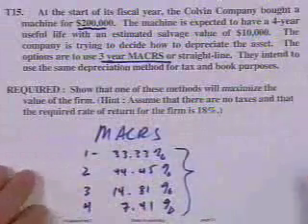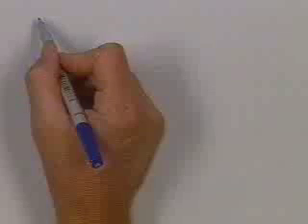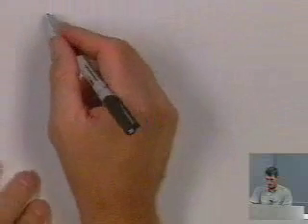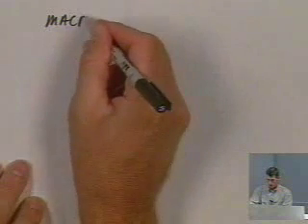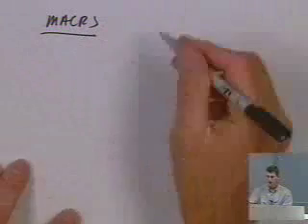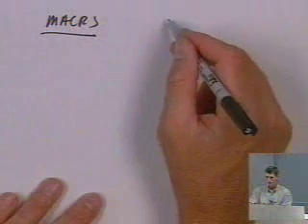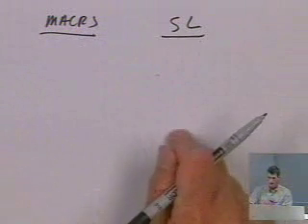Now, what we would then do is take these numbers and multiply them times the value of our asset. If we were to do that, what we would find is that for MACRS, the asset in period 1 would have a depreciation of, I'll bring that here, and for the straight line, I'll do that here.